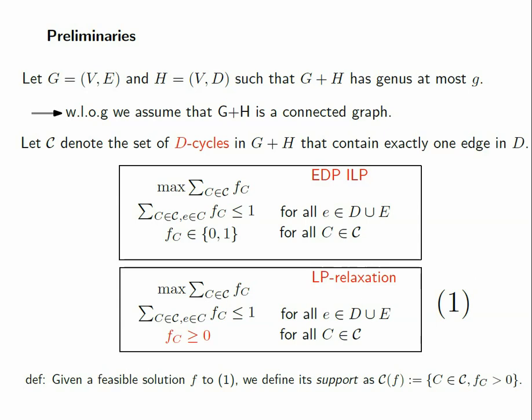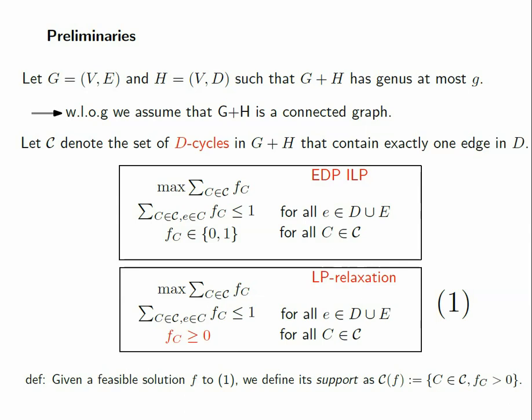Otherwise, you can apply the algorithm on each of its connected components and return the union of the solutions. We define a D-cycle as a cycle in G plus H that contains exactly one demand edge, and we denote by C the set of all D-cycles in G plus H. With this, the edge disjoint path problem can be formulated as follows: find a subset of edge disjoint D-cycles with maximum size.